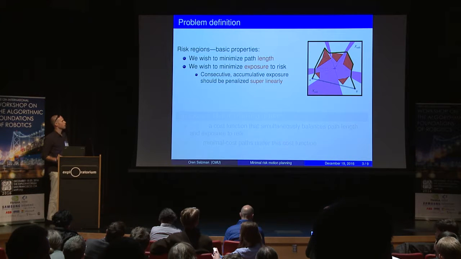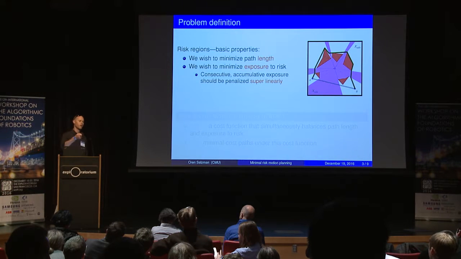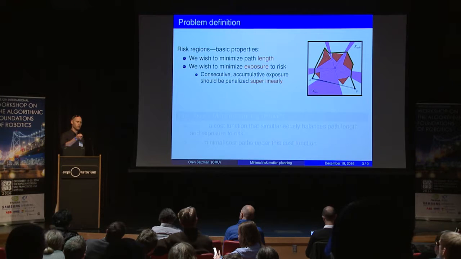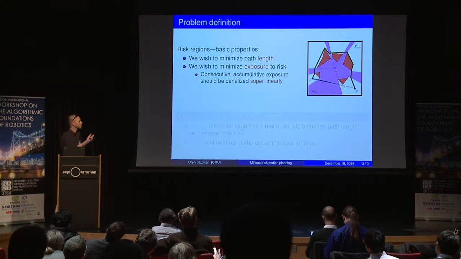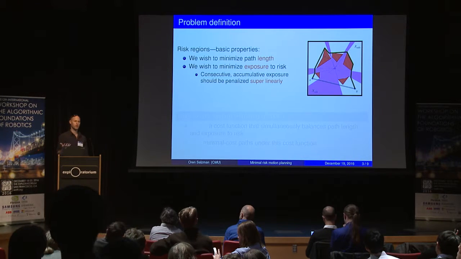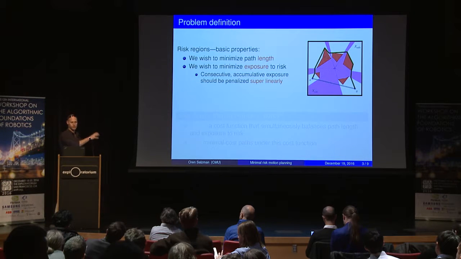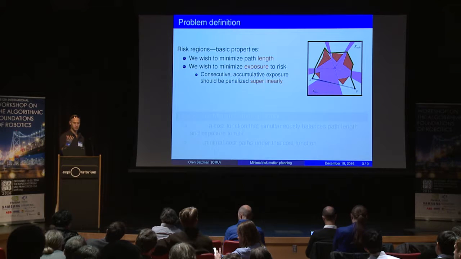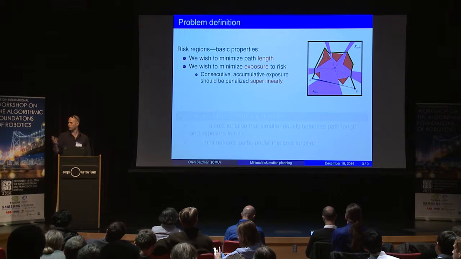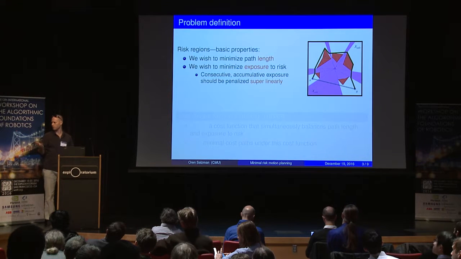My guess is that it's not open, because you don't get a weighted region. Basically, it's like the weighted region problem where you have a weight of 0 within the safe region and a weight of 1 within the risk region. So you're asking, you can go for free within any point in the safe region.